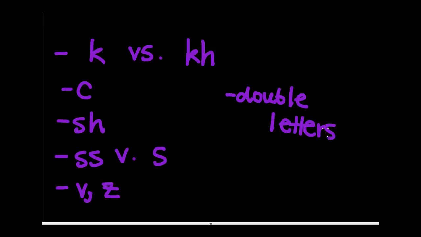First thing I want to talk about is K versus KH. So let's clear the page. The first thing we mentioned in the first video of Russian is that Russian is not a Romance language. That means it doesn't come from Latin, and it's not French, Italian, Spanish, Portuguese, or Romanian, so it doesn't follow those Latin rules. If you remember, you can go back to the Latin video and see that Latin does not use the letter K at all.